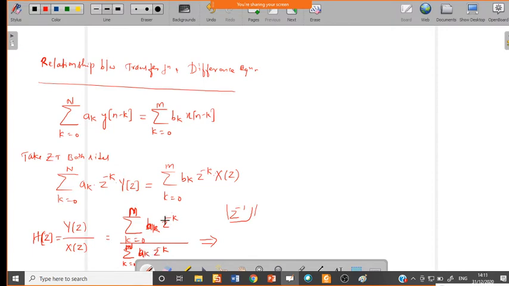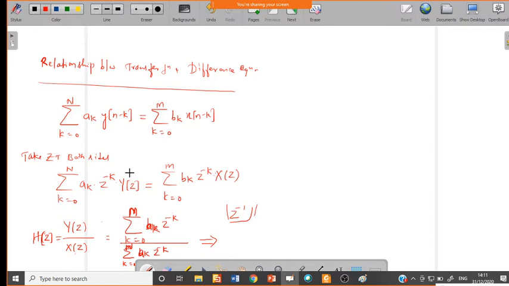The z power minus k term is the polynomial for x of n minus k on one side and y of n minus k on the other. So if you have the z transforms like this, we can get back the time domain signal, the impulse response, by utilizing this equation. If you have a difference equation, we can take the z transform, or if you already have the z transform, by taking the inverse z transform we can obtain the time domain signal.